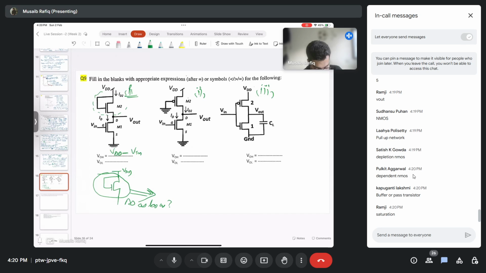So let's just make it like this, and I have my output capacitance here. So it will charge the capacitance CL. Up to what point will it charge the capacitor? Up to which voltage?